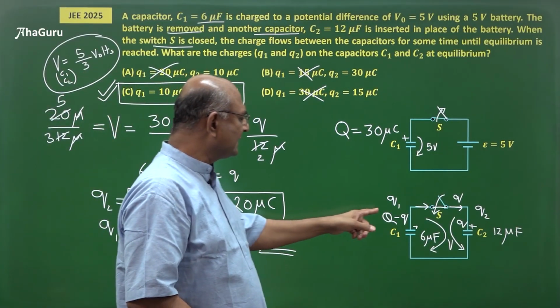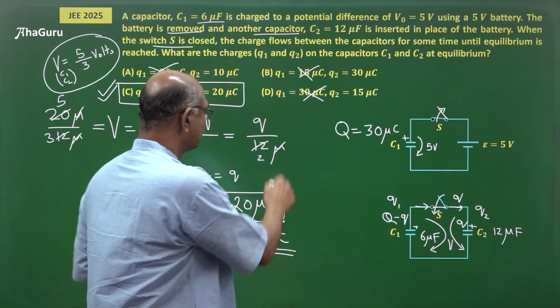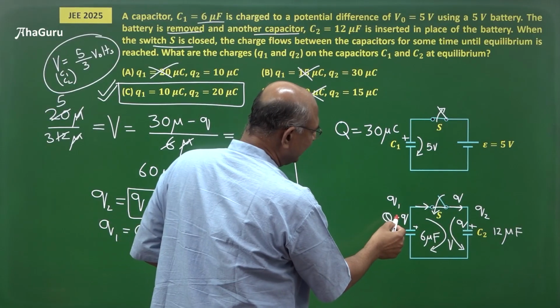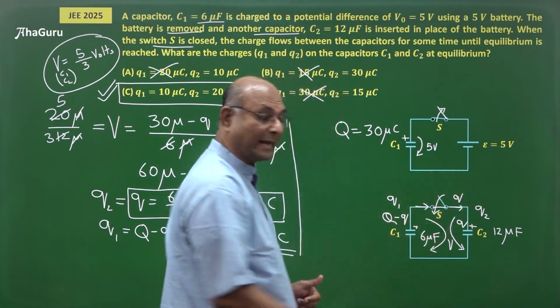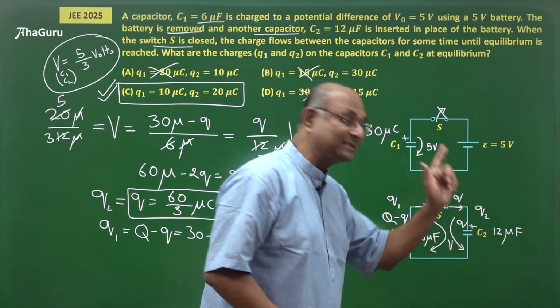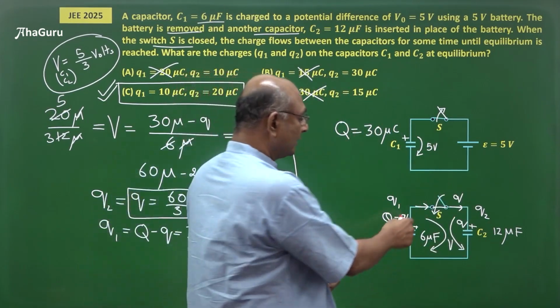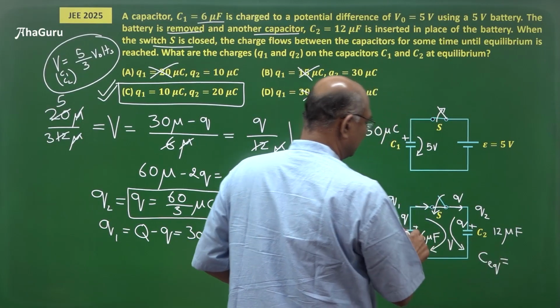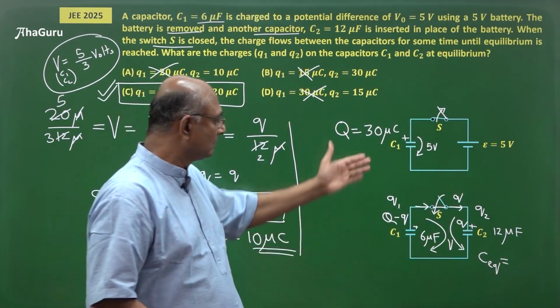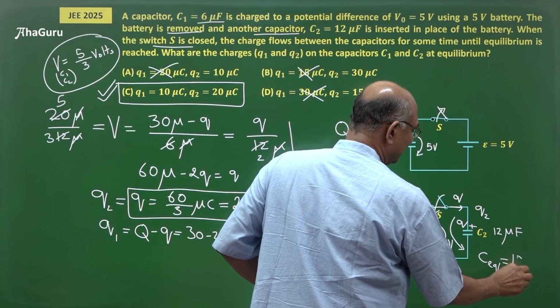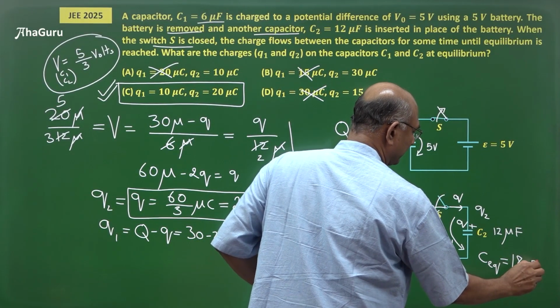If I had decided to use formulas, which is also a good way to solve, then the total charge here is capital Q, and the equivalent capacitance is C1 plus C2. Why? Because they are in parallel, with the same potential drop. So 6 plus 12 is 18 microfarad.